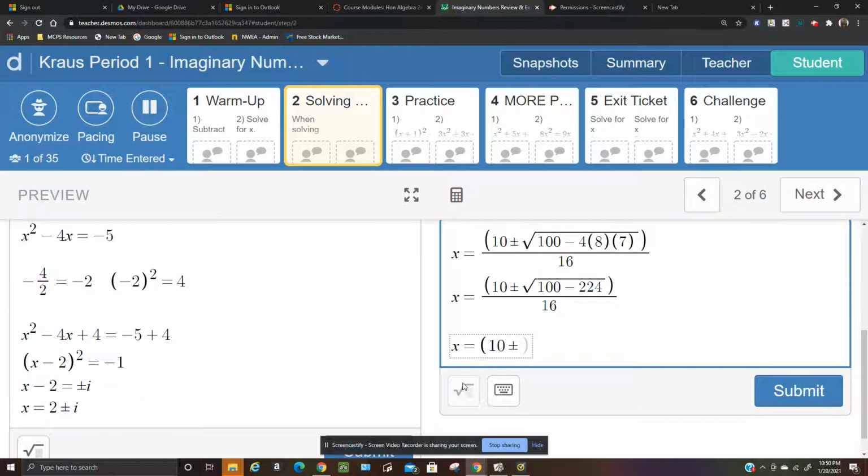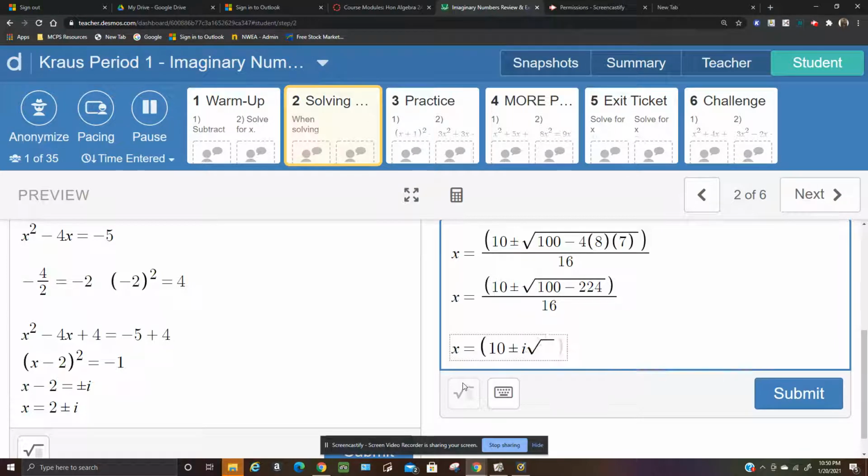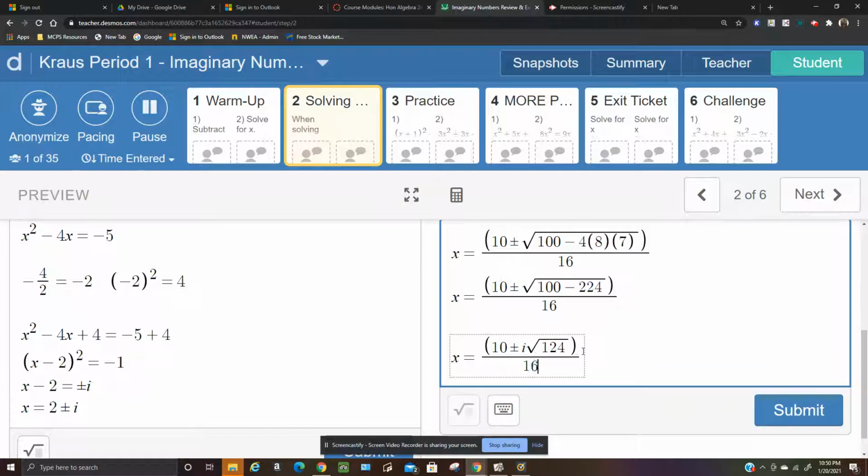Pull your i out, so negative 124 is i square root 124. I'm at 16. I'm going to stop there.